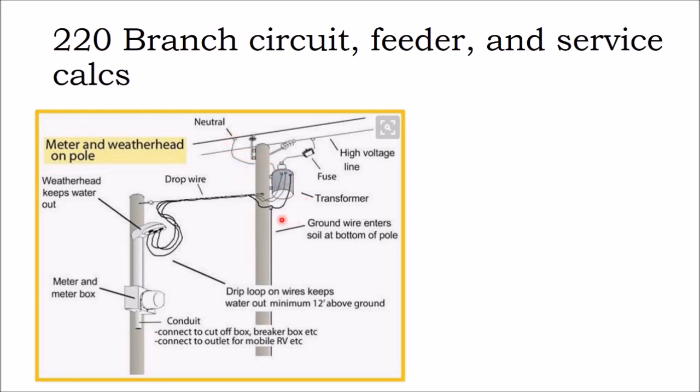And what we note here is that we have a ground wire that's grounding this transformer to ground. And somewhere between the transformer and your utility meter, they're going to be connecting that neutral line to ground as a reference. That reference voltage forms the basis for our entire grounding and bonding system.